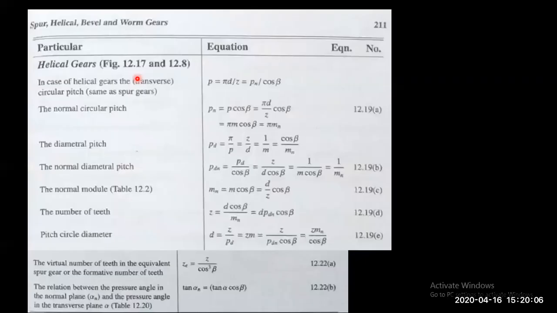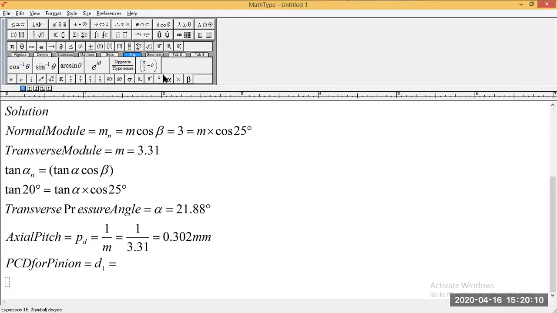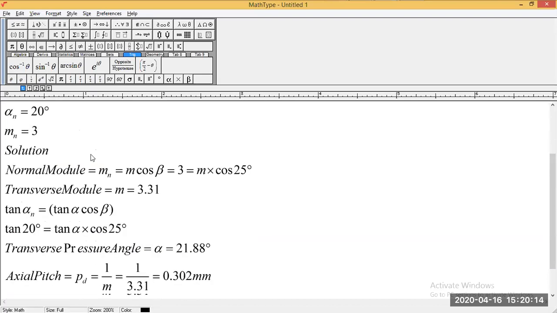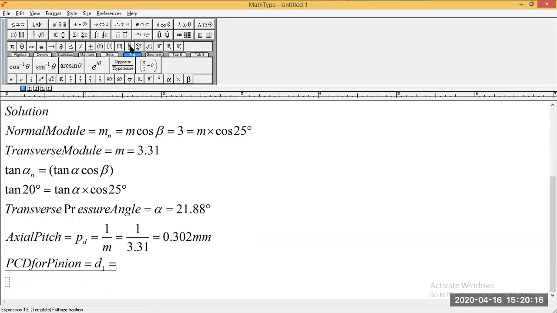So this is Z over PD. Z is the number of teeth, so we have the number of teeth. Just give a fraction. This is Z1 over PD.